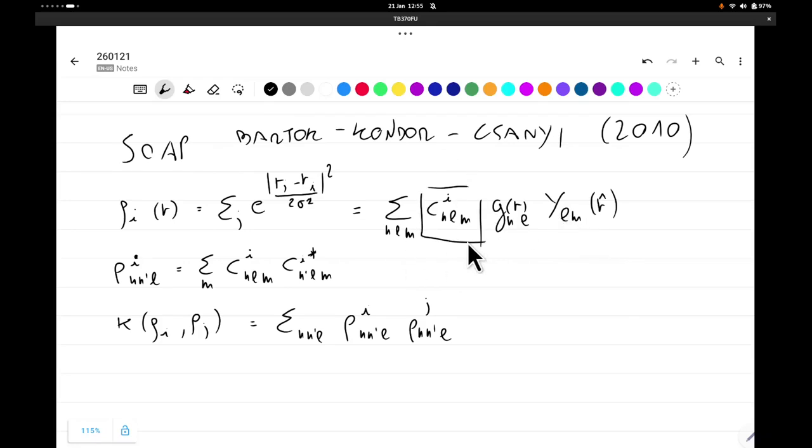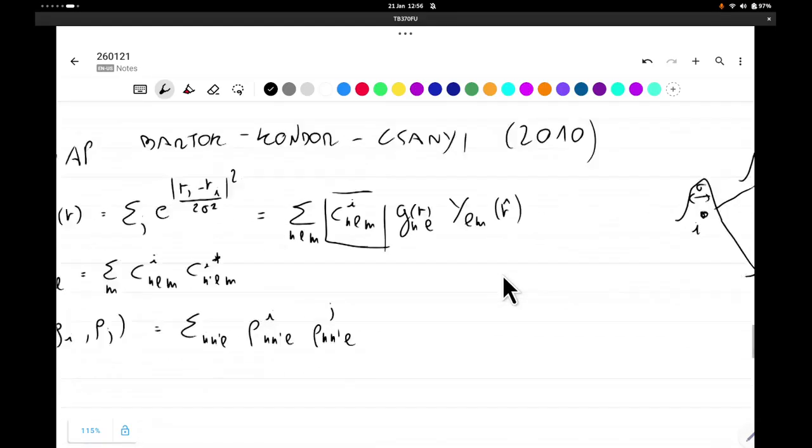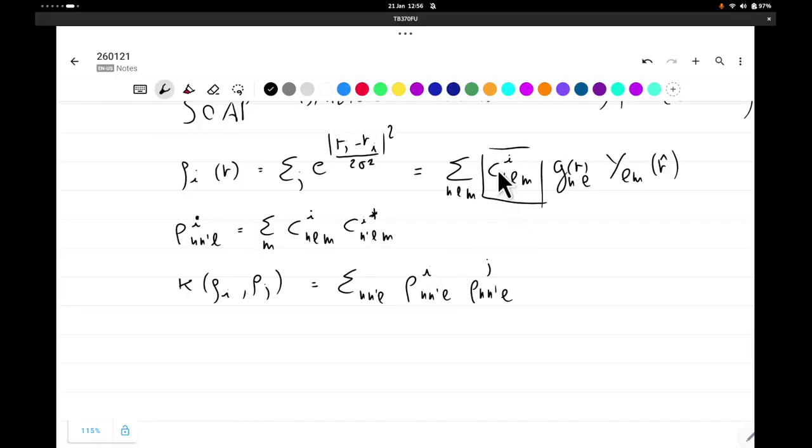So basically I do the expansion. I know my position of the atoms, I can write down this density, and then I can project it on this given basis, and then I find these coefficients, not in the sense of machine learning, for any given configuration of atoms.